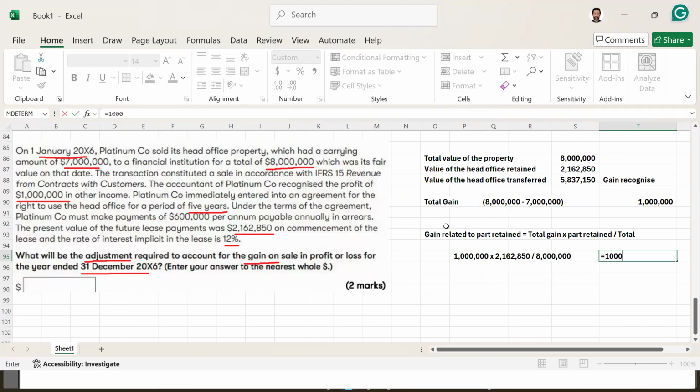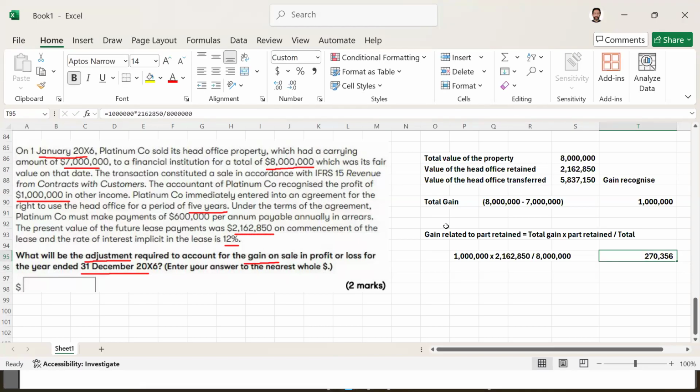So we have this 1 million multiplied by 2162,850 divided by. So this is the gain that relates to the part that has been. Yeah, this will make more sense now.